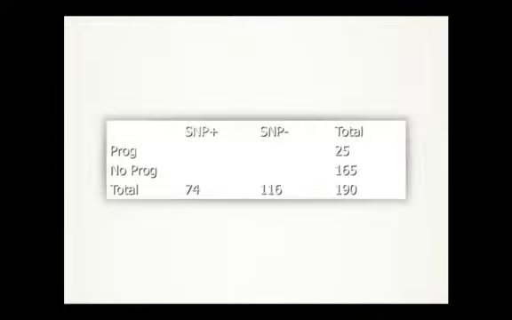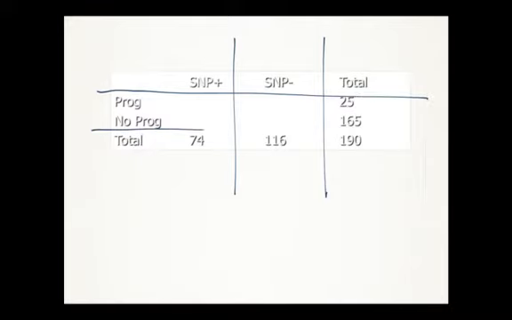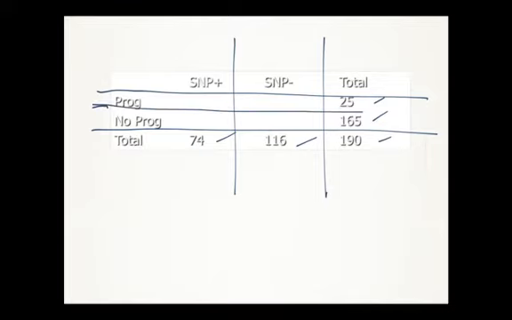Okay. So again, remember we said that in our contingency table analysis, we take the margins as given, which is why these numbers 25 and 165, 74, 116, and 190 are filled in. The margins we assume are given.